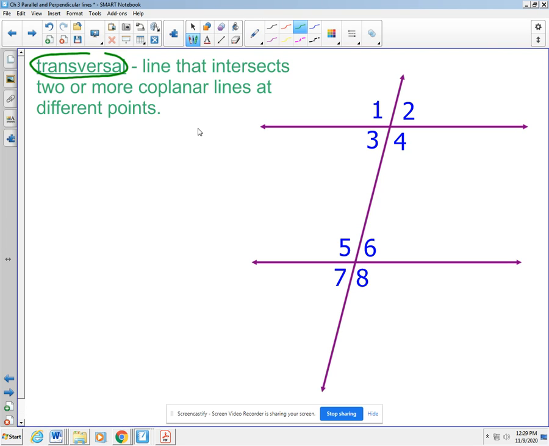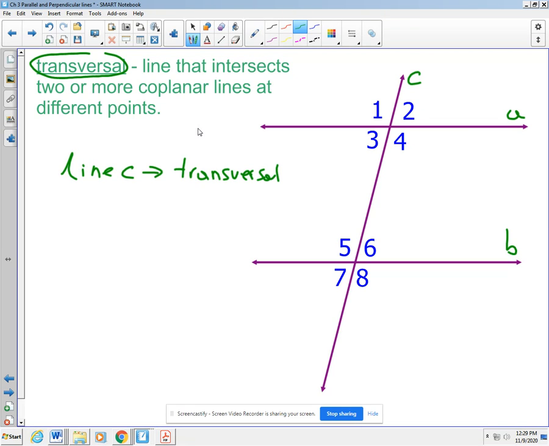If I call this line A, this line B, and this line C, C is your transversal. Why is it a transversal? Because line C intersects two other lines at different points.